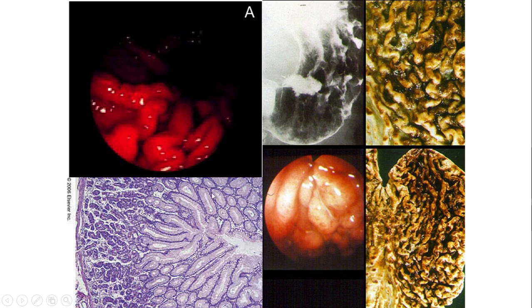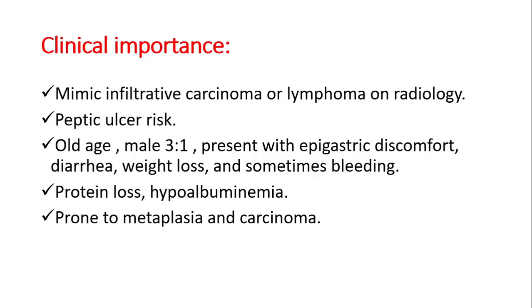Microscopically, there is hyperplasia of the mucus secreting glands in Menetrier disease. It is rare, but the importance of this disease is that it sometimes mimics or looks like cancer or infiltrative cancer in endoscopy, so it should be kept in mind.